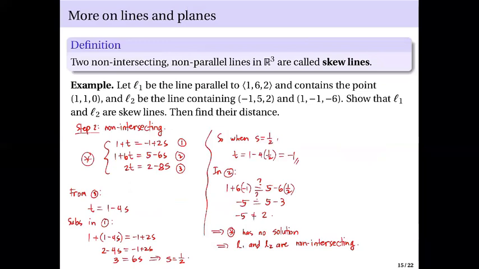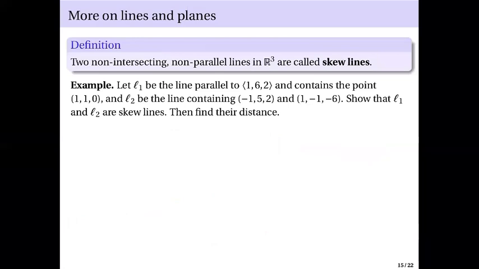And so what do we really need here? The distance between L1 and L2 is the smallest, so the minimum of all possible distances between point 1 and point 2, where point 1 is a point on L1, and point 2 is a point on L2.